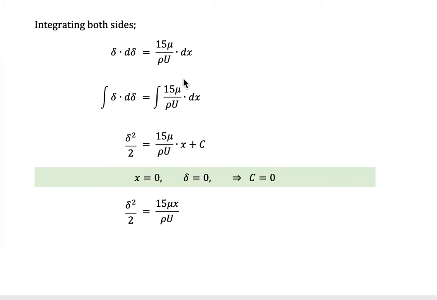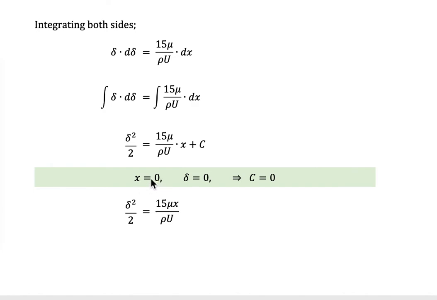To get delta, we integrate both sides. Integrating delta d delta, we get delta square over 2, and integrating 15 mu over rho u dx, we have 15 mu over rho u x plus c, where c is a constant.